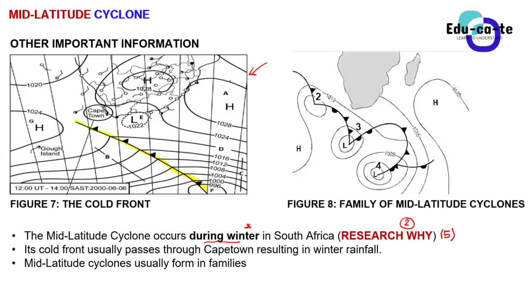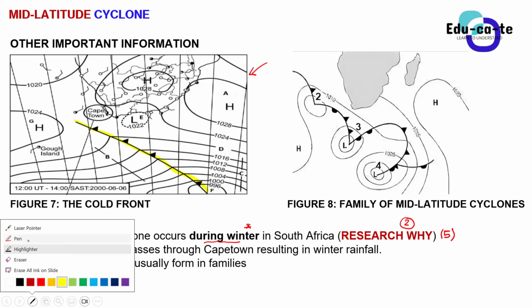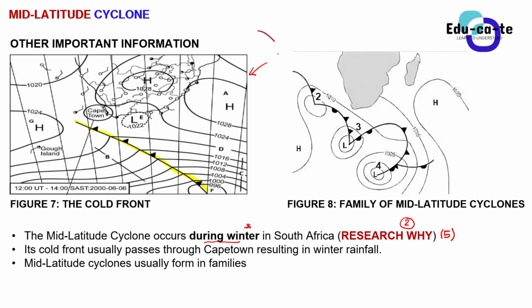Okay. Let's just talk about it. That's the next point. Our mid-latitude cyclones usually form in families. So a mid-latitude cyclone doesn't just form as one mid-latitude cyclone. They actually walk in families. What do I mean? You cannot just find a mid-latitude cyclone alone, just one mid-latitude cyclone.